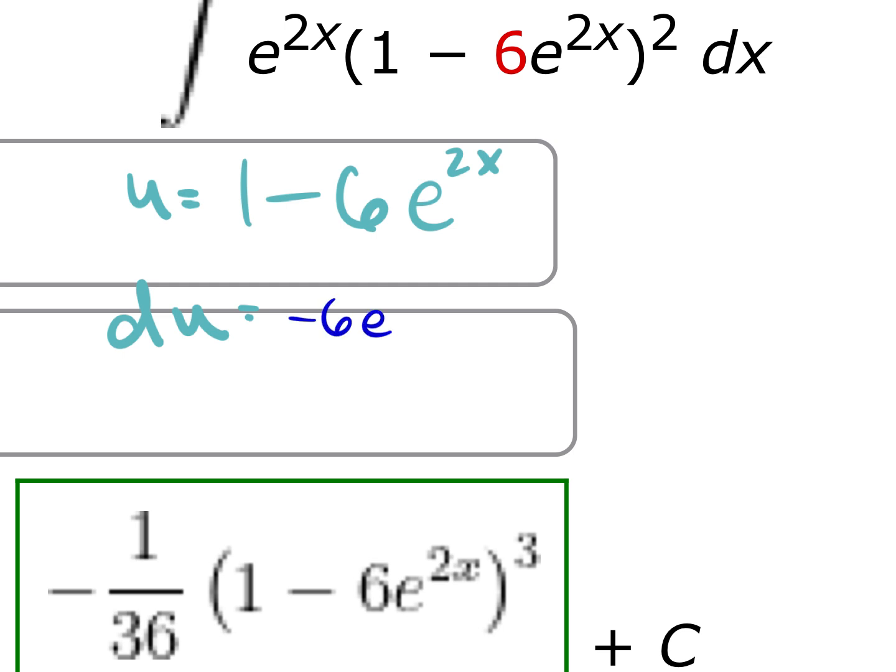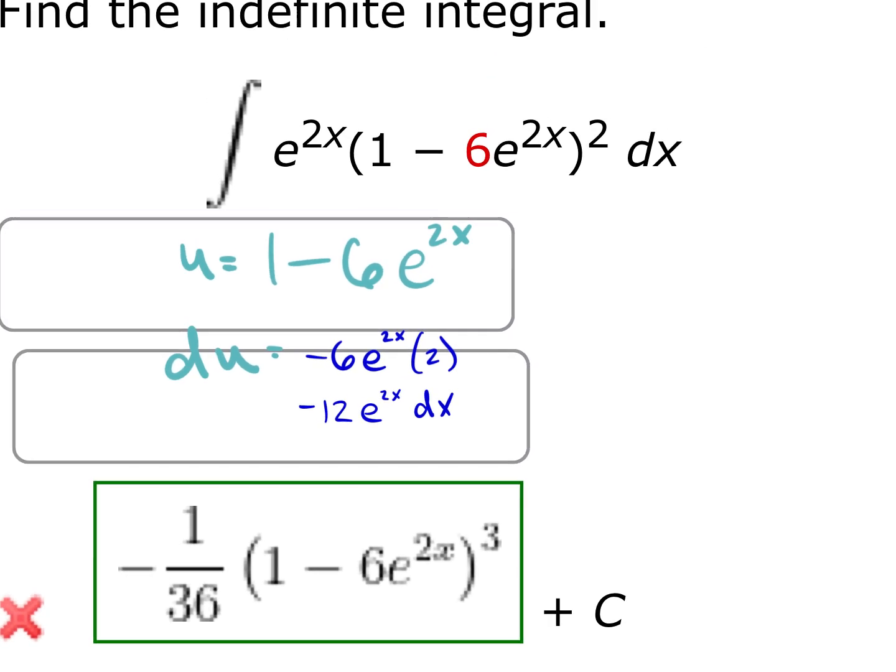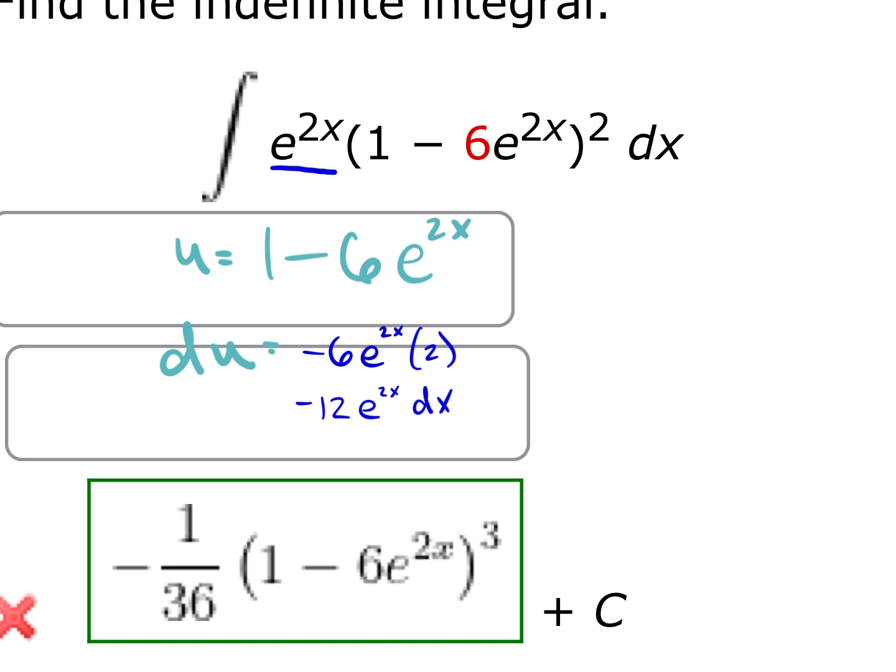Negative 6e to the power of 2x times the derivative of our exponent, which would be times 2. So we have negative 12e to the power of 2x dx. So I have e to the power of 2x dx, but I'm missing a negative 12.